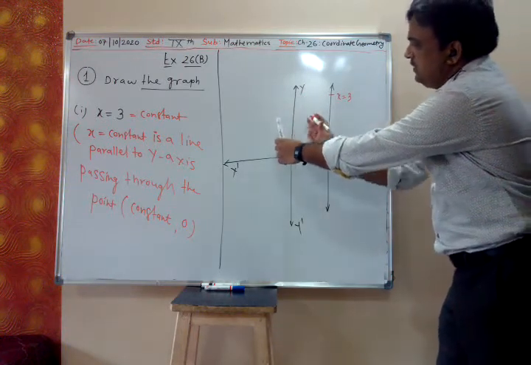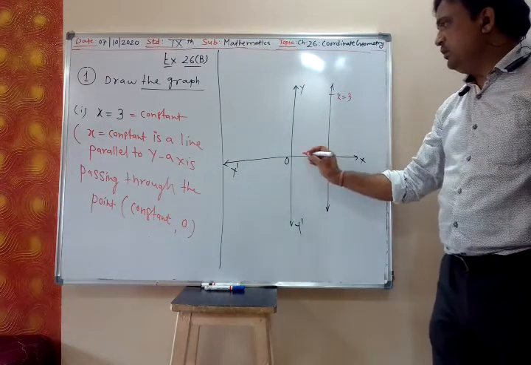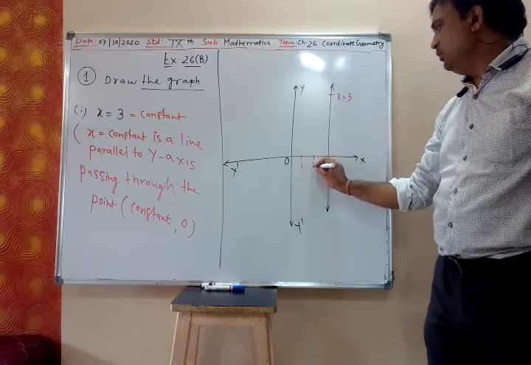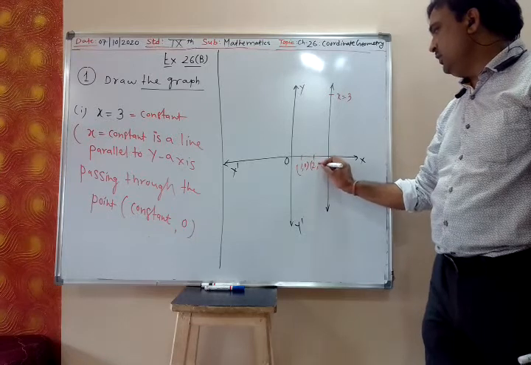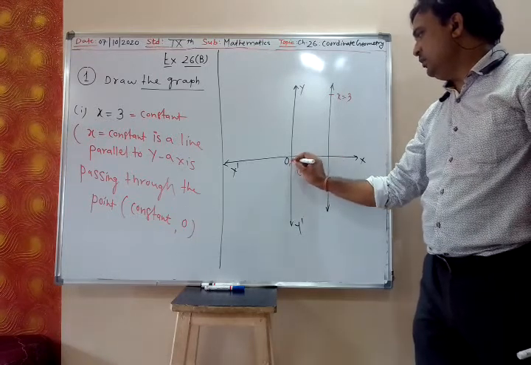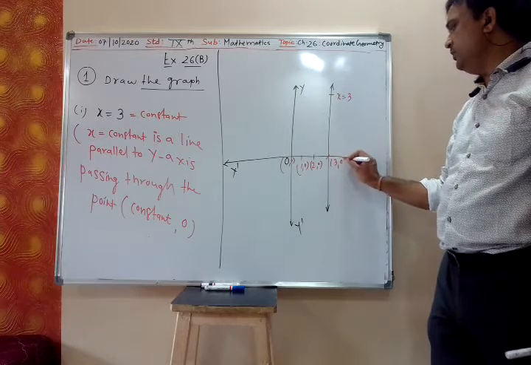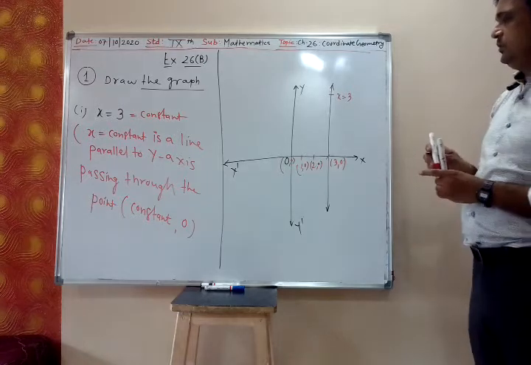When x is negative, that parallel line will be on this side. So passing through (3, 0). So 1, 2, and this is (1, 0), this is (2, 0), this is (0, 0), and this is (3, 0). X is 3, so (3, 0).